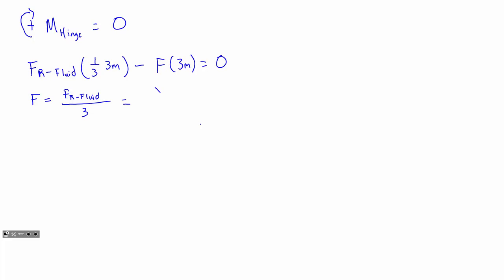That resultant force is going to be equal to gamma of the fluid. Remember, we're given density, so gamma is just going to be rho times g, times h over 2. So why am I multiplying by h over 2 there? Right. We multiply that by h over 2, times 3 meters times 1 meter, which is the cross-sectional area of that gate. We can divide that by 3.